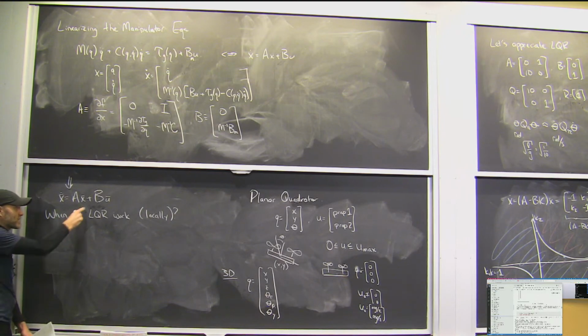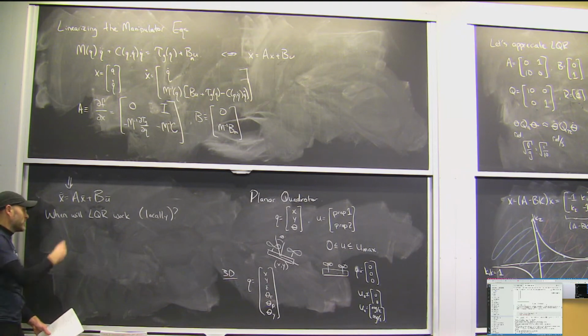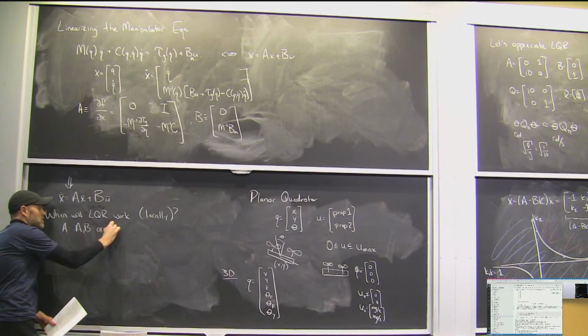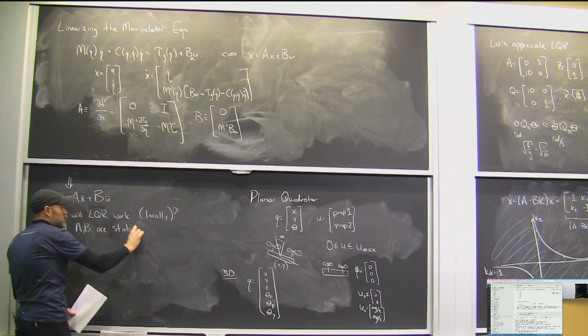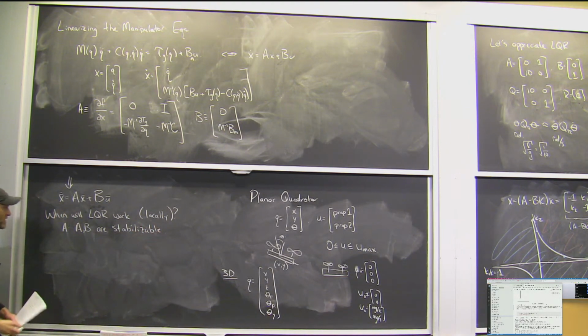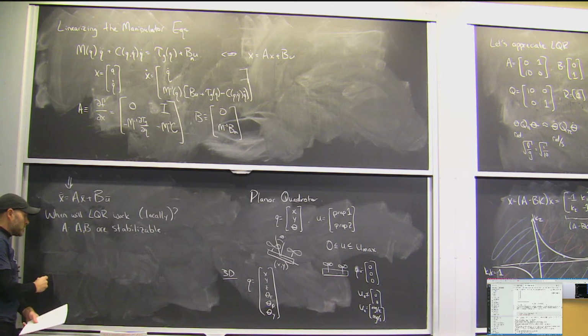Technically, the condition is that LQR will work when the system is stabilizable. But we're going to define stabilizable by defining controllable first, because that's a big part of it. Okay. So controllable.